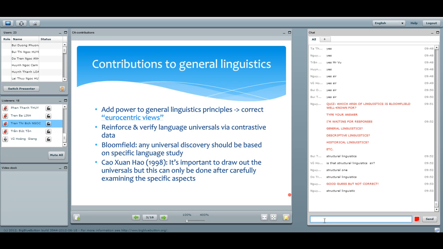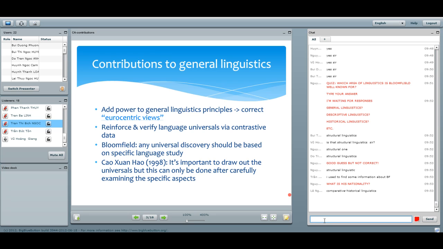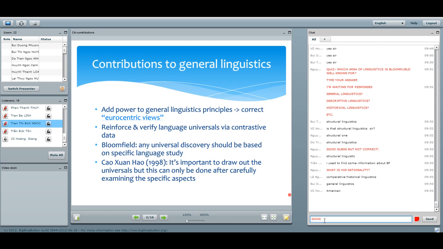Now, first, I need to remind you some of the very basic facts about Bloomfield. What is his nationality? Good.